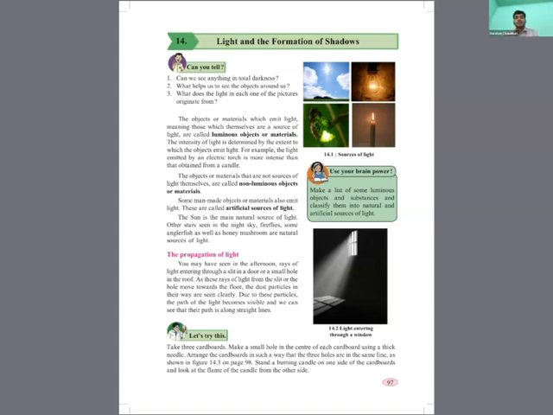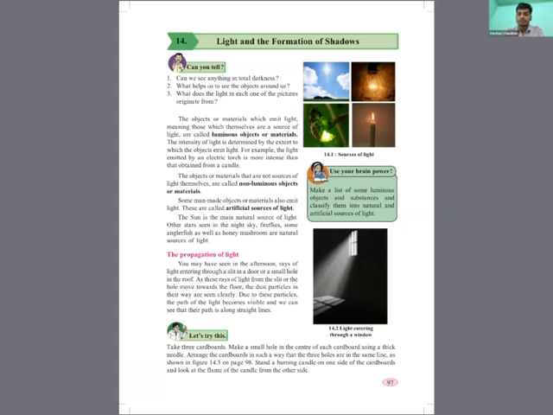When we turn on a tube light, then we can see the objects surrounding us easily. So these are non-luminous objects. For example, table, chair, book, anything we can see through light.